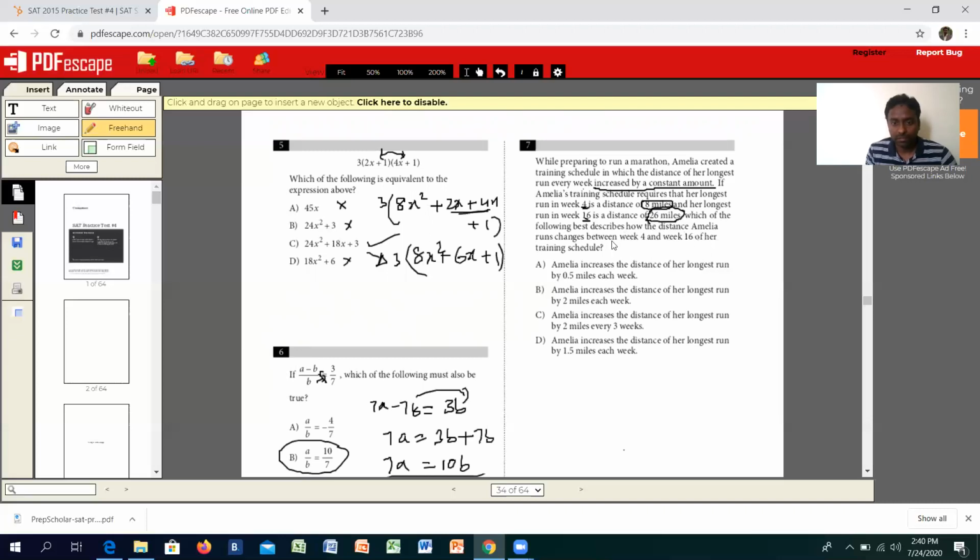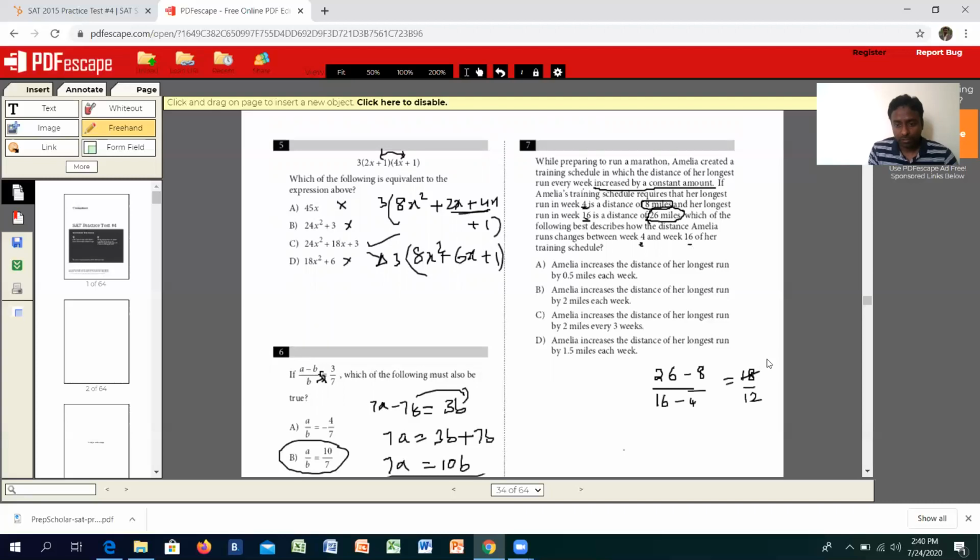So let's describe the distance run between 4 and 16. It's nothing but just like a slope, because it's a constant amount. Okay, so change in miles, that is the output, as you can also describe it, 26 minus 8 divided by 16 minus 4, the change in weeks. So 26 minus 8 will give you 18 over 12.